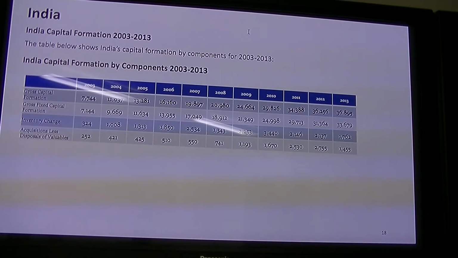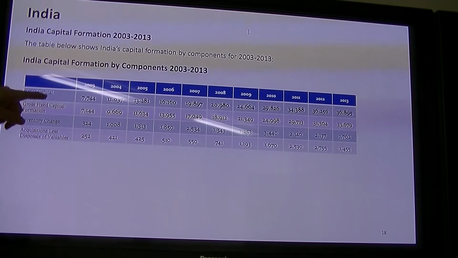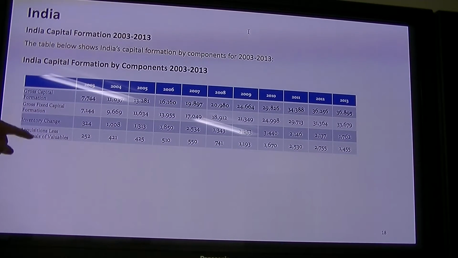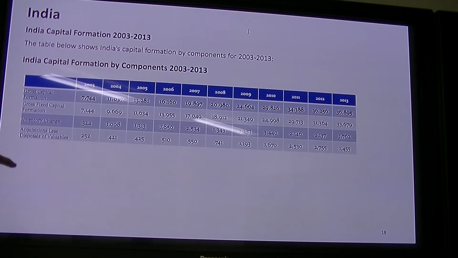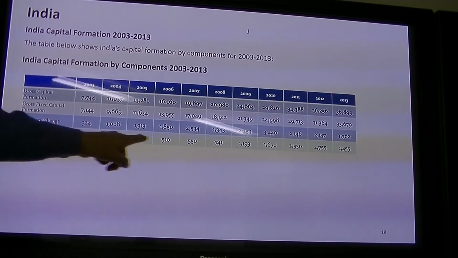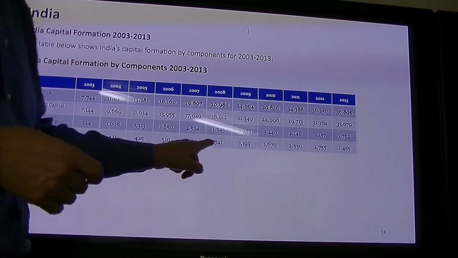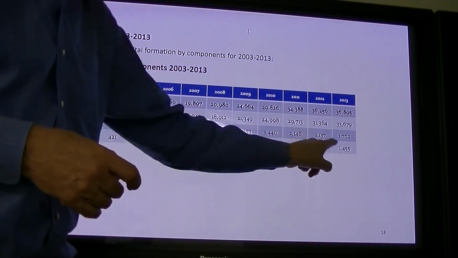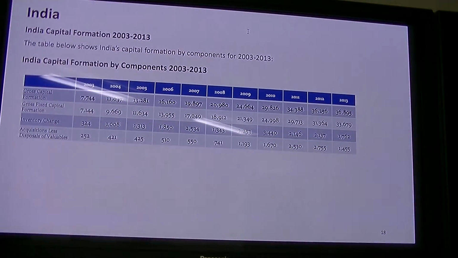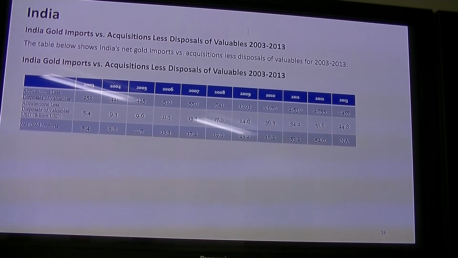So I went back and broke this down. I said, well, I've got to look at this gross capital formation, and you see these figures, acquisition less disposal of valuables, and that figure there. Then I compared that with the net gold imports.